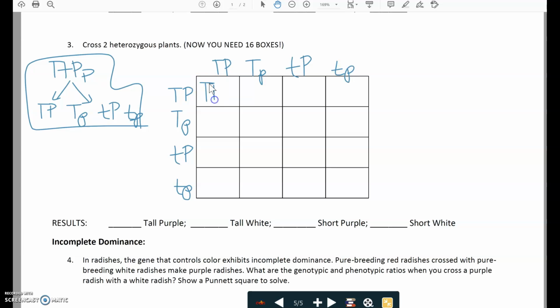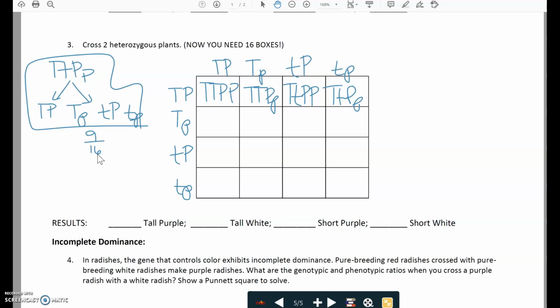So you put your T's back together and your P's back together. Big T, big T, big P, little p, big T, little t, big P, big P, big T, little t, big P, little p, etc. Now here's the thing. That's really time consuming. I'm not even going to fill it out. You can go to the notes and see what one of these looks like. You can also memorize whenever you cross 2 heterozygous ones, you actually always get the same result.